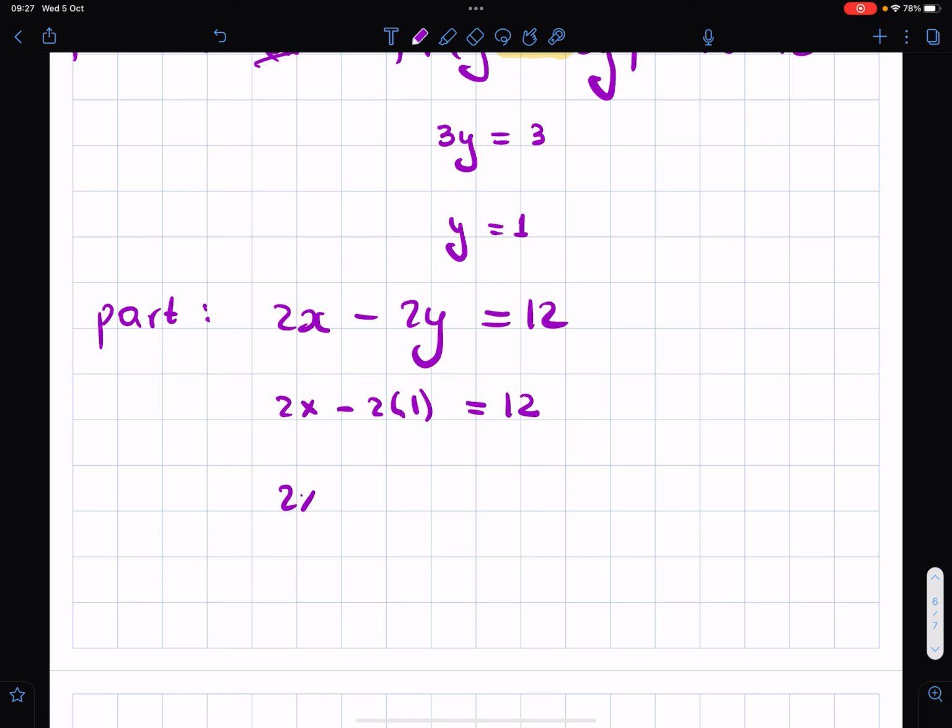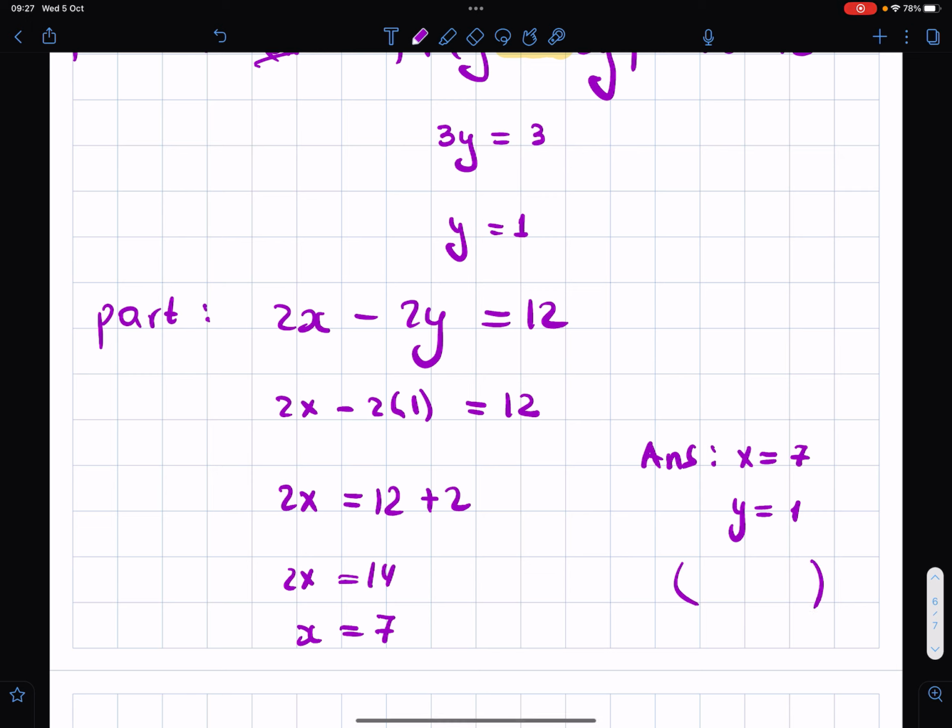So that's going to give me 2x equals 12 plus 2, because negative 2 times 1 will be negative 2, and moving it over it will be plus 2. Then 2x will be 14, and x is 7. So the answer is x equals 7, y equals 1. As a coordinate, we can give the answer as 7 and 1, we'll learn it later, alright?